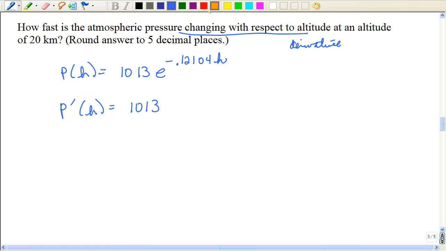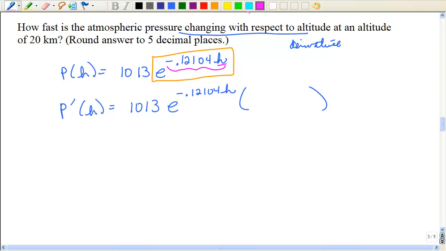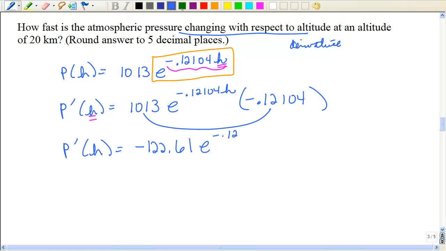This gives us some practice on how to take the derivative of our exponential function. Remember, we leave it just like it is. But then we have to multiply by the derivative of that exponent, and H is our variable. So I need to have a negative 0.12104. And then, of course, you can multiply those two numbers together. Depends on how many decimal places you want to round to.